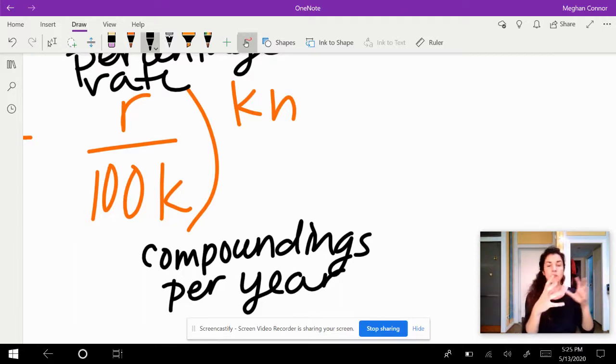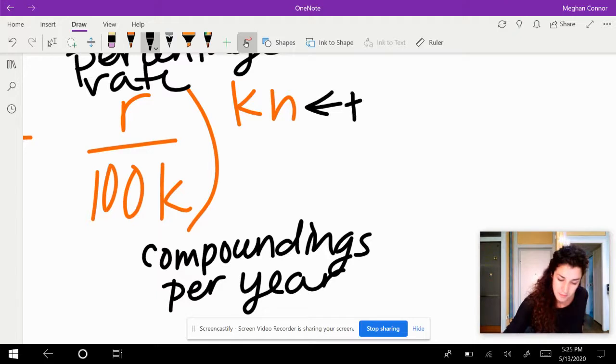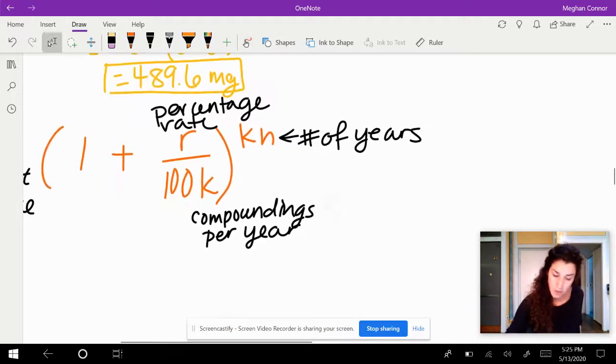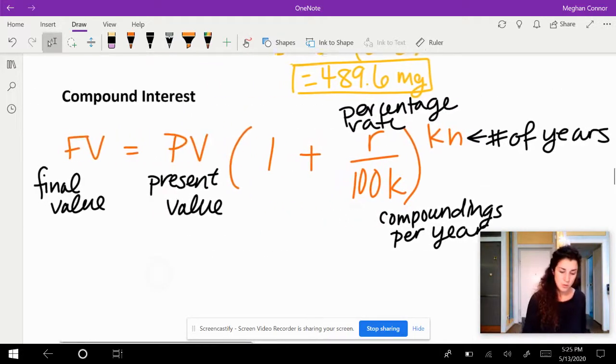So you took the percentage of your original amount and put it back in, and now your original amount is more, if we're talking about letting money in the bank gain value as it sits there. So a compounding would be adding the money back in and doing this calculation that many times per year. N is the number of years. So after 12 years, how much will this be worth, sort of thing.